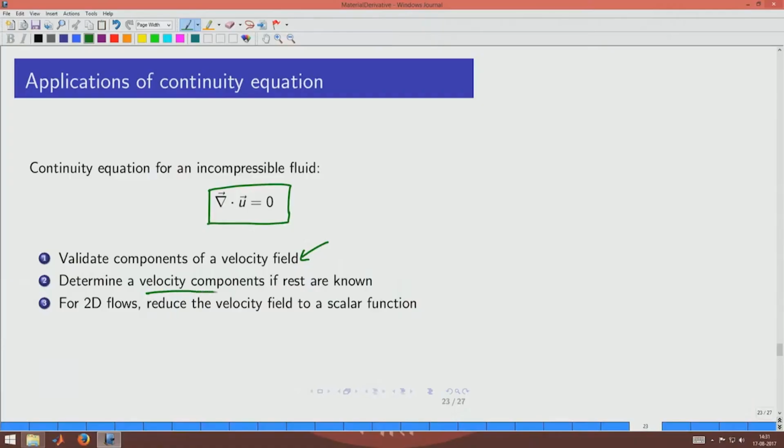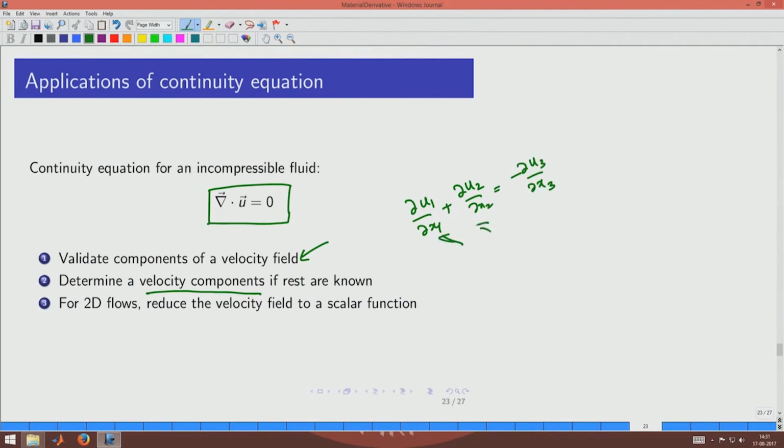The continuity equation is also useful in determining the velocity components. Let us say you have 3 components here, 2 of them are known, and what is the third component? You could substitute and verify. So you have ∂u1/∂x1 plus ∂u2/∂x2 is equal to minus ∂u3/∂x3.